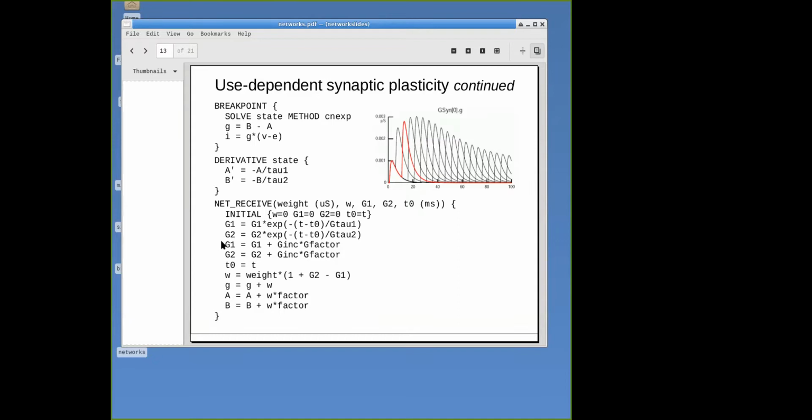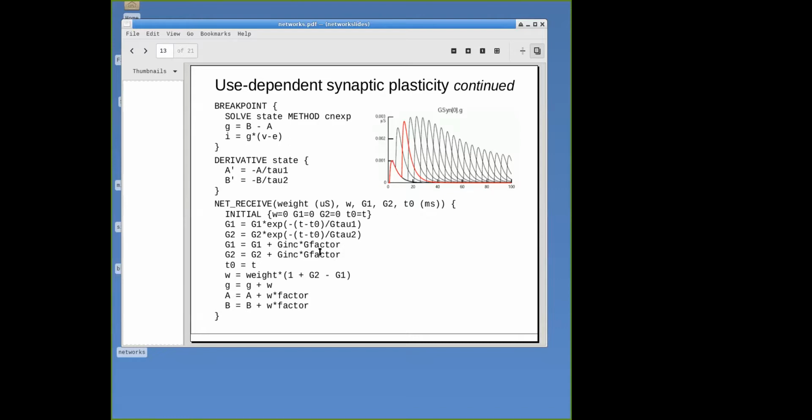When the event arrives, G1 and G2 are both perturbed by adding a value which is a constant, and the product of these two constants says something about how much potentiation we're getting.